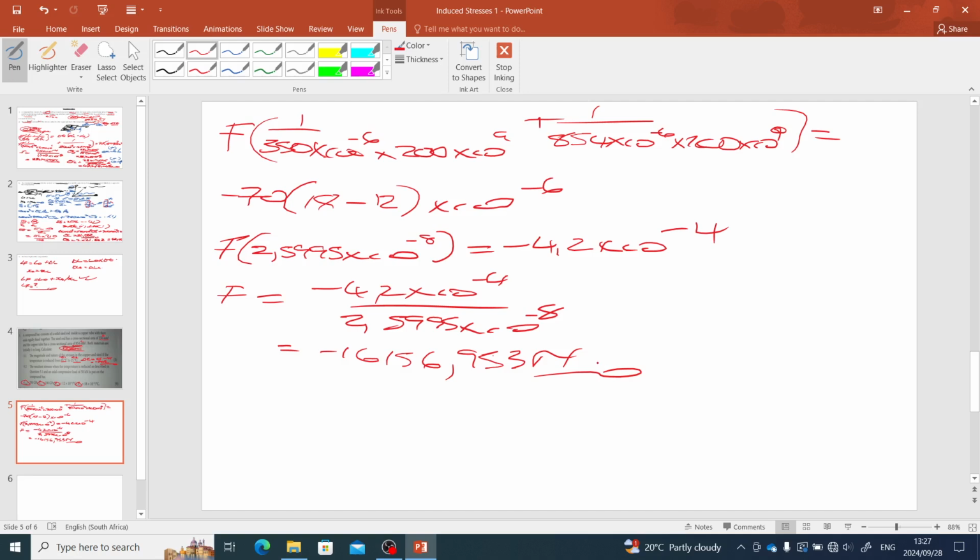This is what we got here as our force. Now this is the force that we'll be using to calculate whatever they want us to calculate, good people.